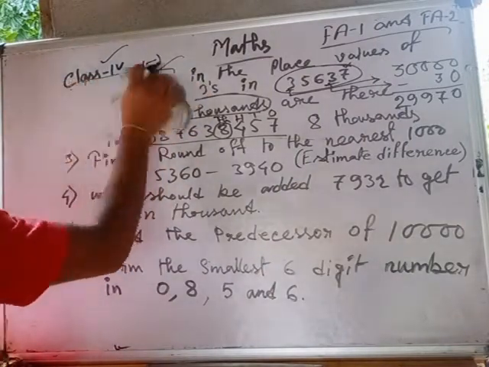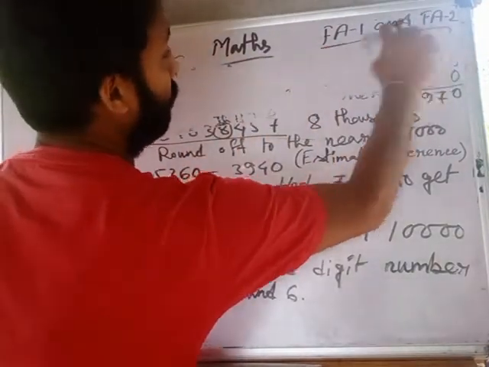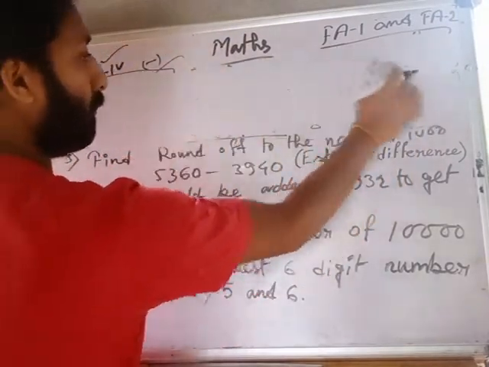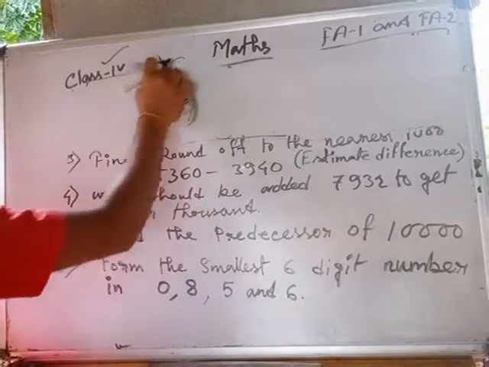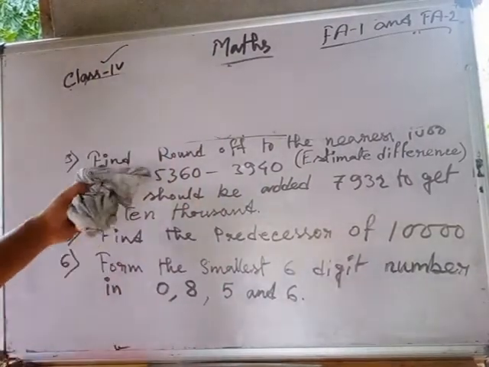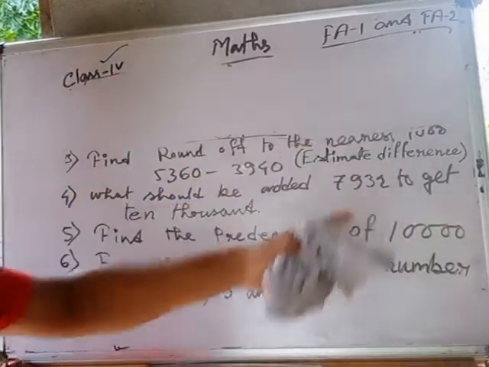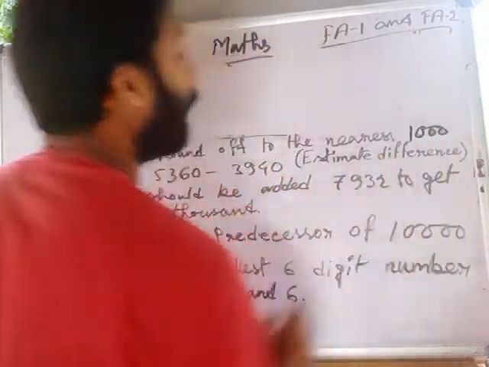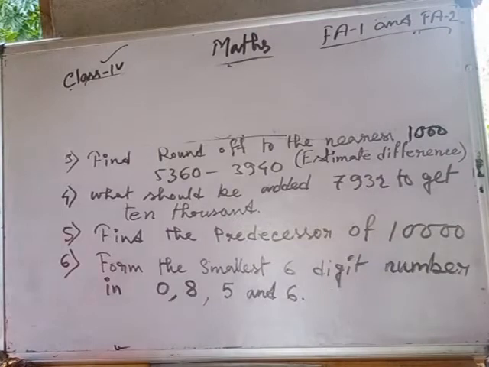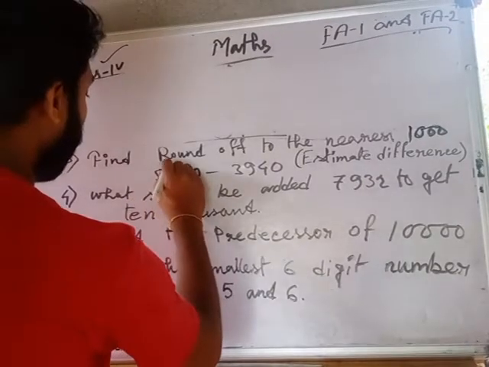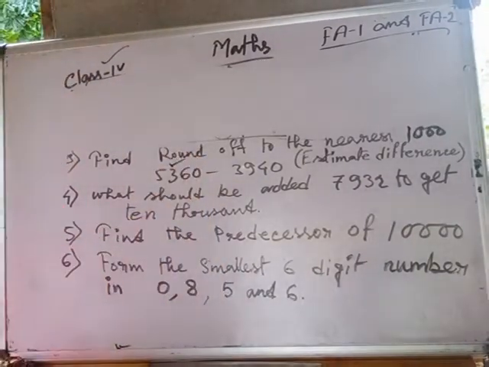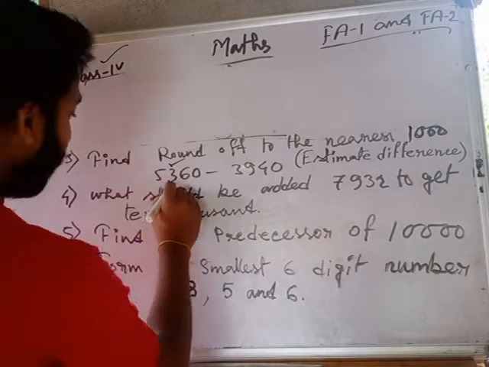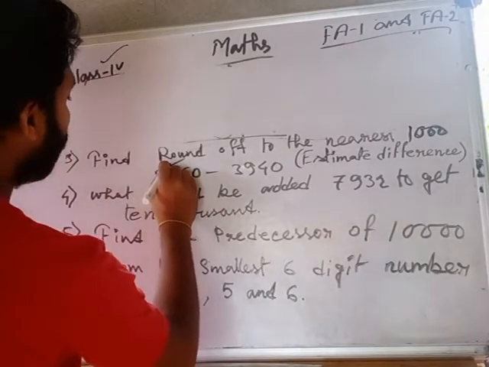I will tell you the next. Number 3, round off. Find the round off to the nearest thousand. When it is the nearest 1,000, I will look at the hundreds digit, because the hundreds place is just before the thousands.